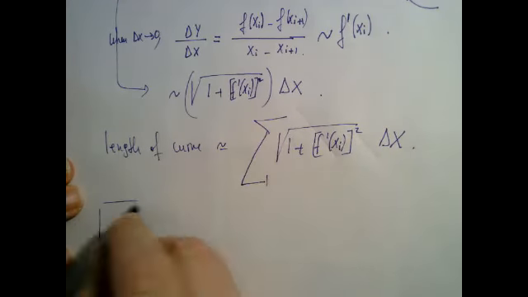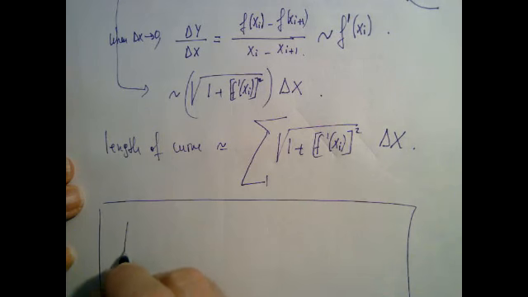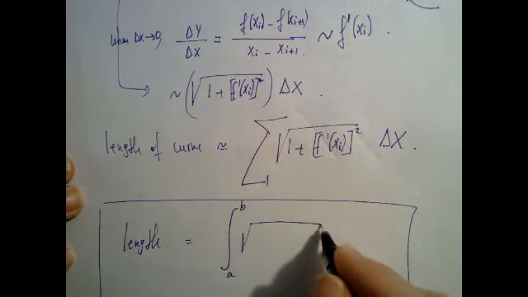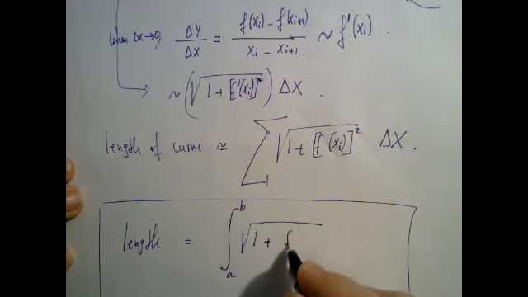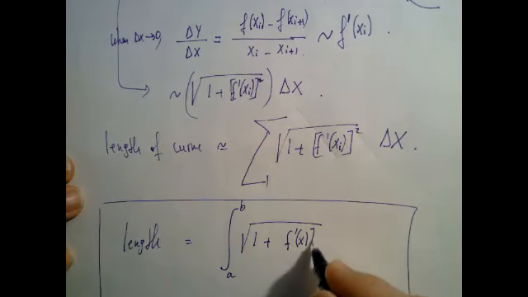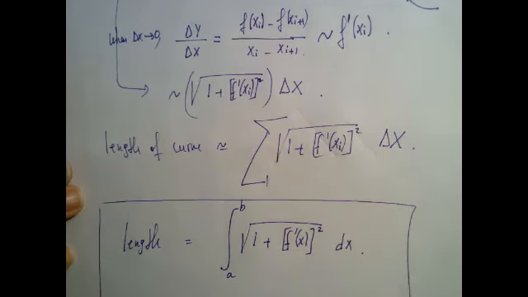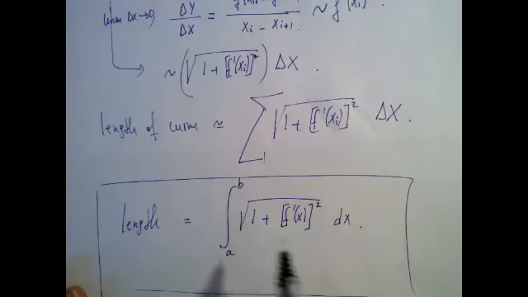So now we come to the formula for the length. So the length is going to be equal to the integral from a to b of the square root of 1 plus f prime of x squared dx. Okay, so length of the curve.